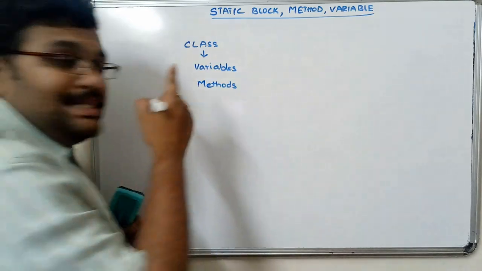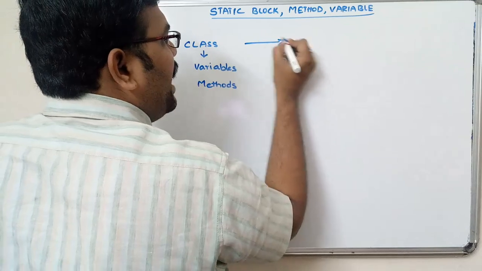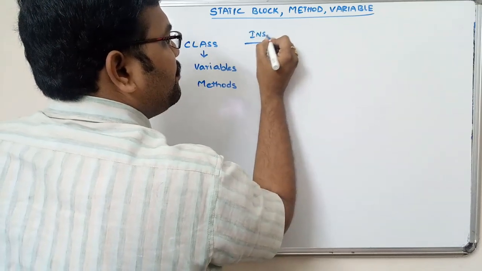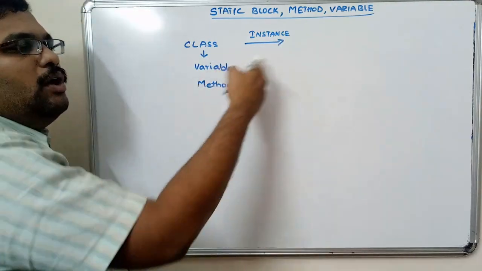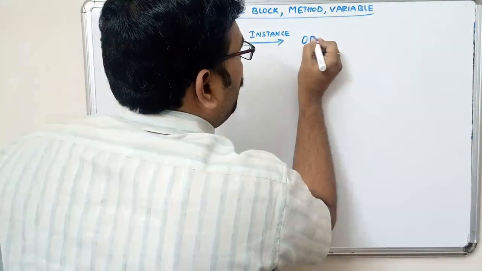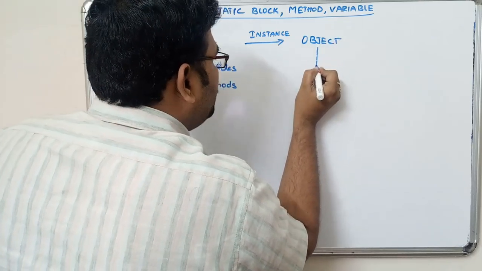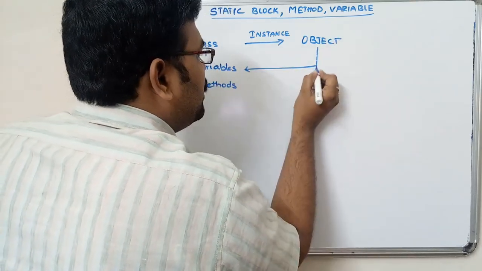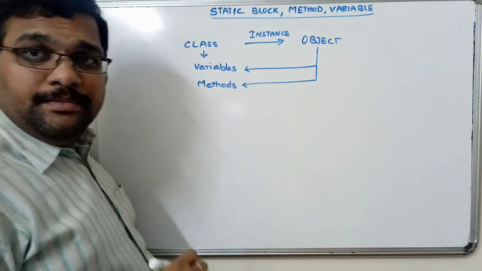In order to access these variables or methods, we have to create an instance, which we call an object. Directly we cannot access these two. Through this object we access these variables and methods.